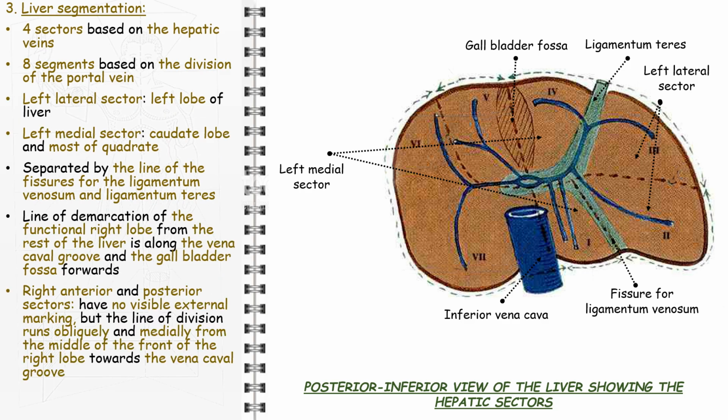The right anterior sector is drained by the anterior superior and inferior veins, and the right posterior sector is drained by the posterior superior and inferior veins. The right anterior and posterior veins drain into the right hepatic vein and the medial and lateral veins drain into the left hepatic vein. The anterior and medial veins flow into the middle hepatic vein as well.